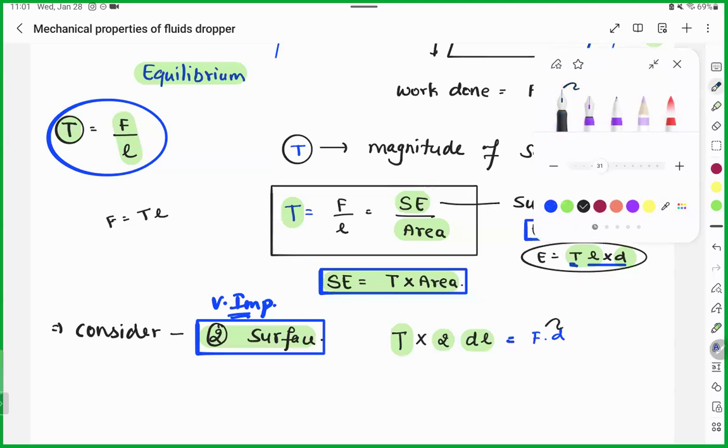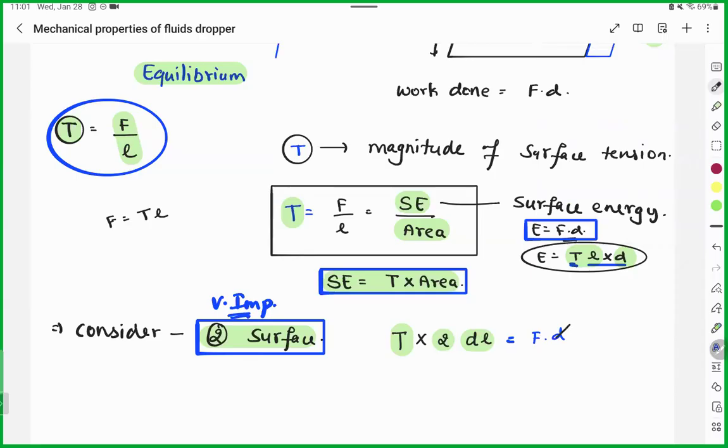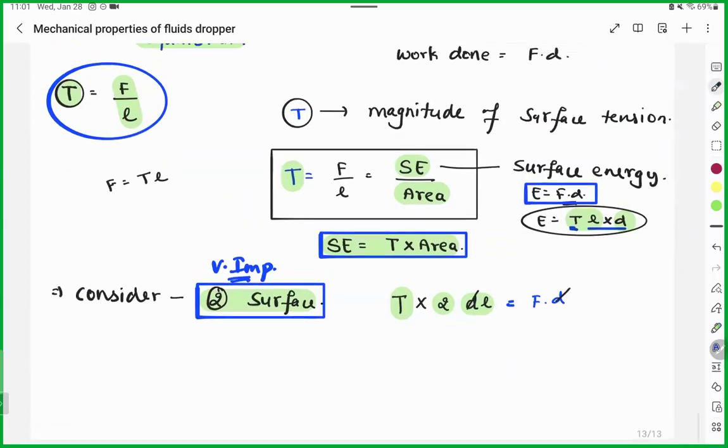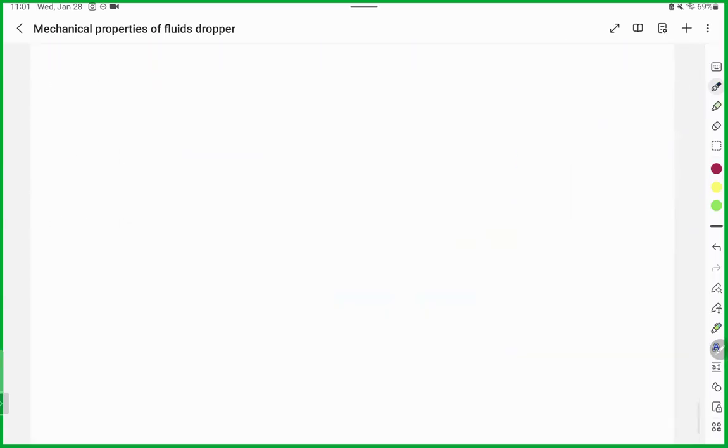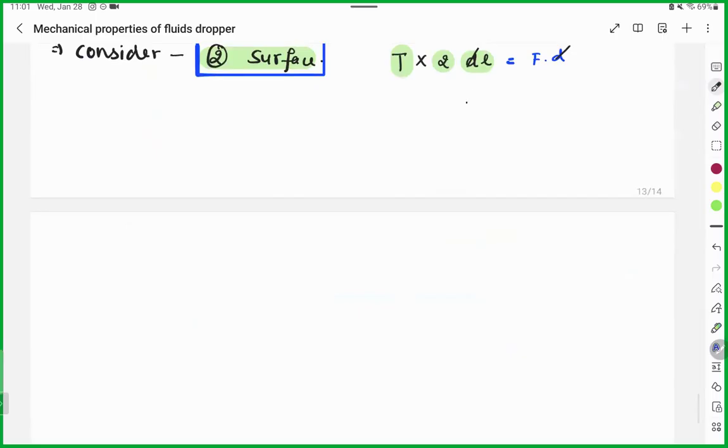The d will be cancelled, and your surface tension will be equal to the force acting on the length. But both surfaces, that's why 2. And trust me, you will never have an issue. Again and again, I'm telling you, in the formula you will have an issue with this number 2.